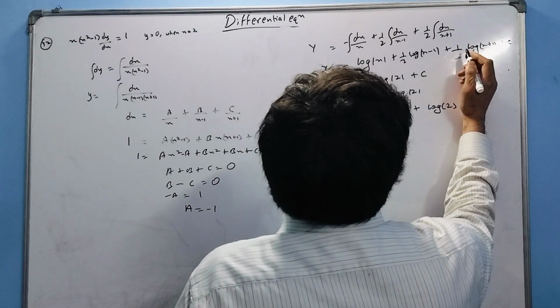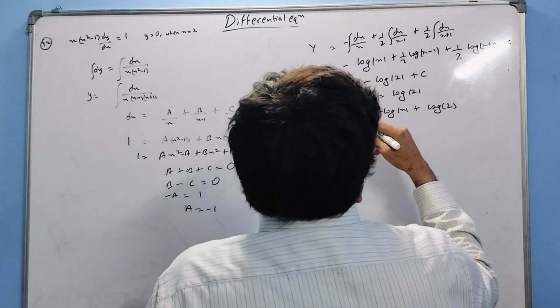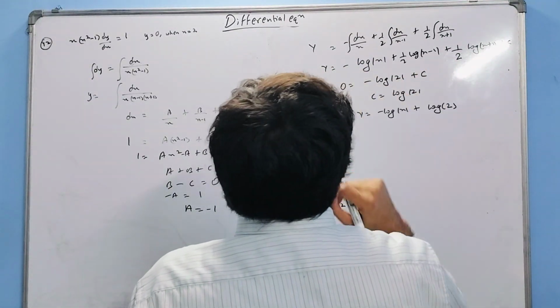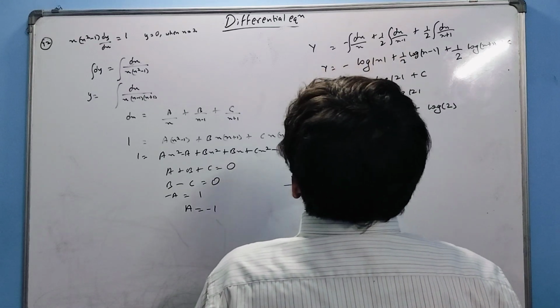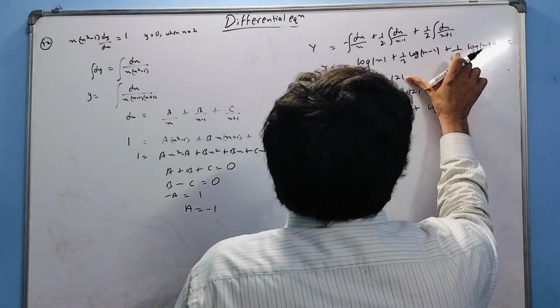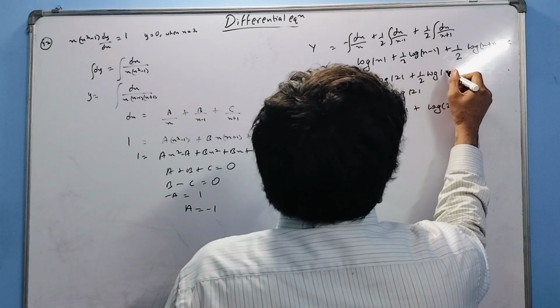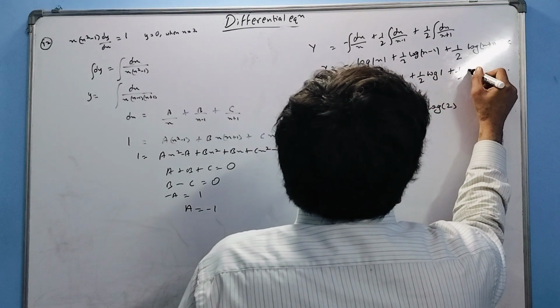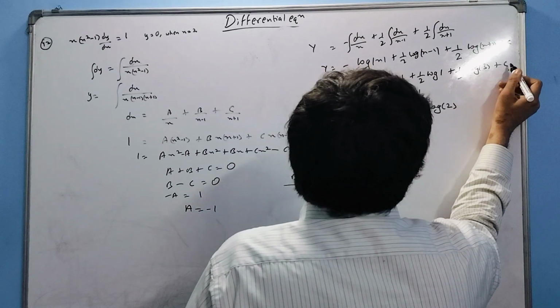Now if I put the value x is equal to 2, I get half of log 1 plus half of log 3 plus c.